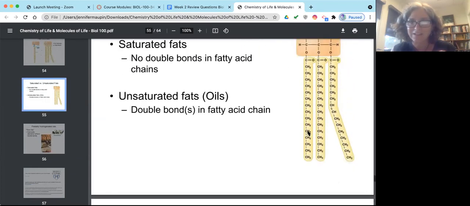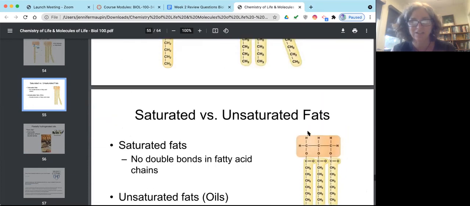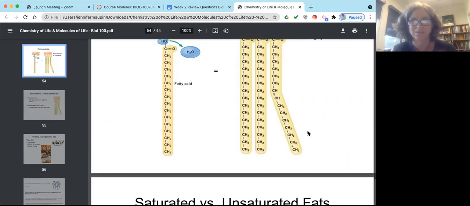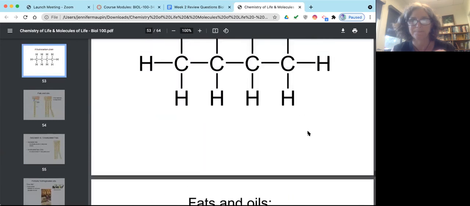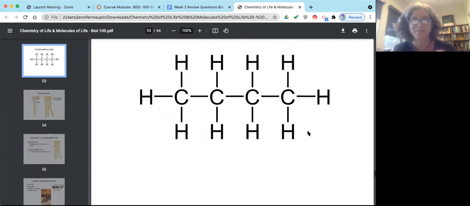I'm going to go back to this hydrocarbon chain. Right here. So look at this whole structure. Are any of these bonds polar?